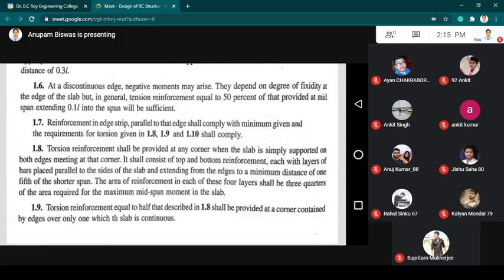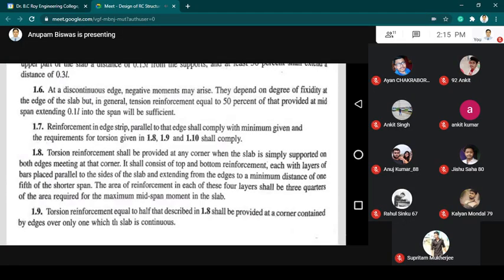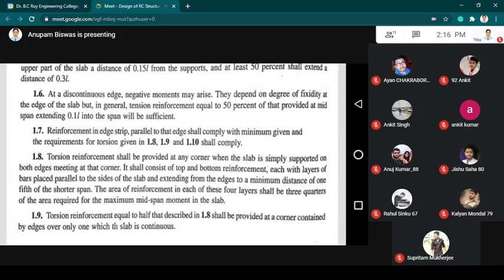Next condition is that the area of the reinforcement in each of these four layers shall be 3/4 of the area required for the maximum midspan moment in the slab.